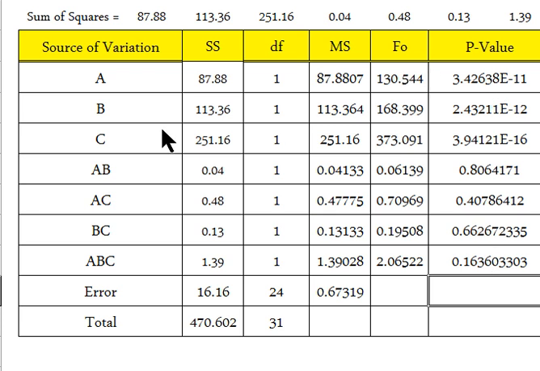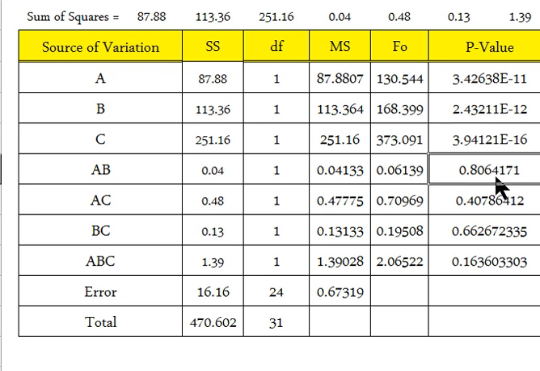Now, as you view your final ANOVA table, let's assume that alpha was 5%. Now, this probability value for A is way smaller than 5%. Same deal for B, C. So all these factors here are significant.